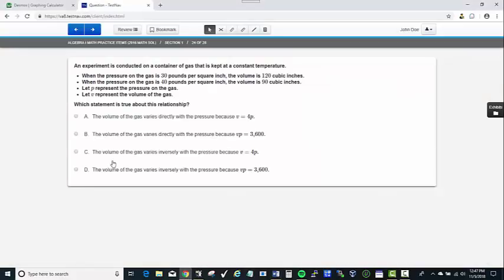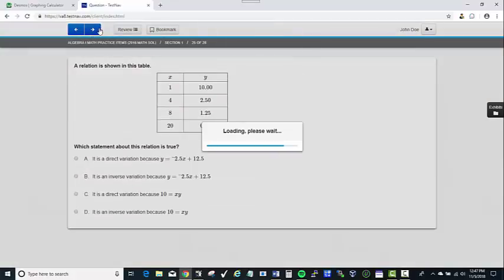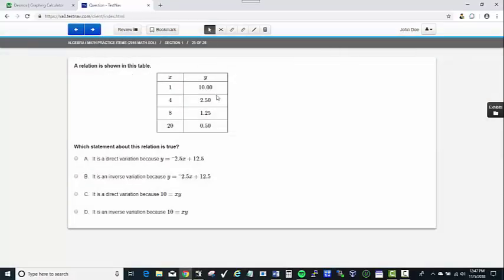Okay, so D. Next, a relation is shown in the table. Which statement about this relation is true? Now, without getting really technical on this one, isn't 1 times 10, 10? Isn't 4 times 2.5, 10?